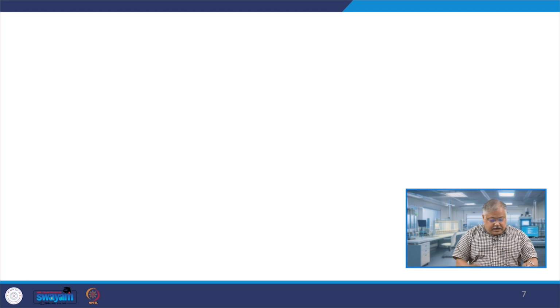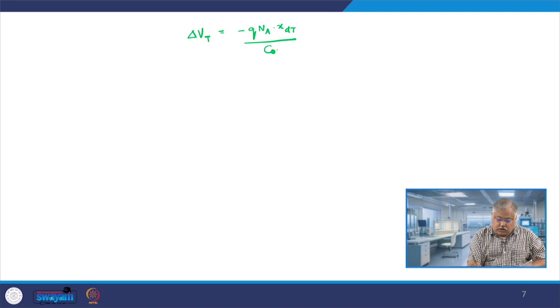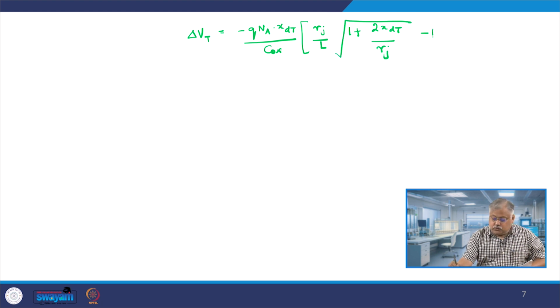I am not going into the details of the derivation, but I can write down delta Vt, the threshold voltage change, as minus q times Na times xdt divided by Cox, into Rj divided by L, into the square root of 1 plus 2xdt by Rj, minus 1.